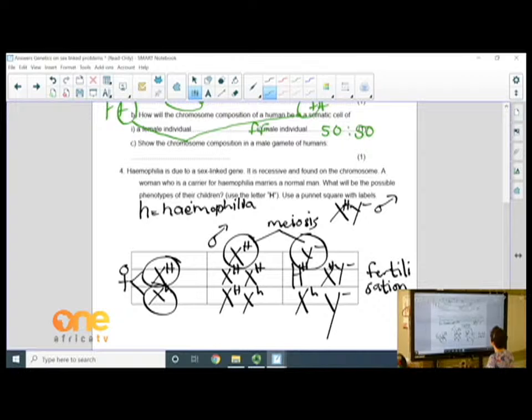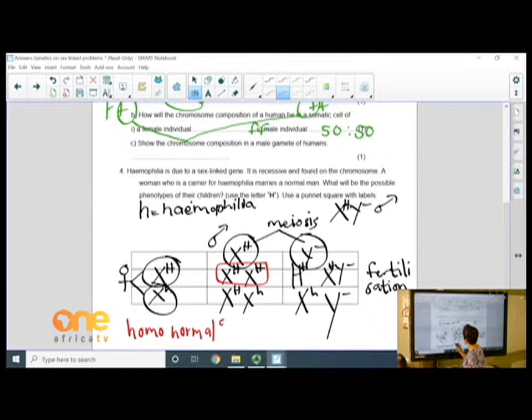Okay. What will be the possible phenotypes of their children? So their children will have, we have a homozygous normal child. And what will it be, male or female? It will be a female, no?